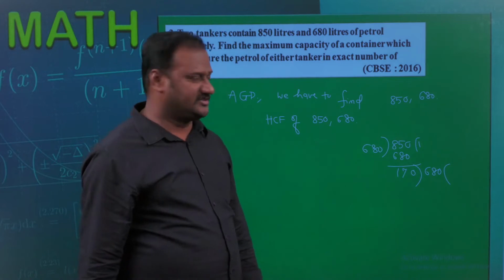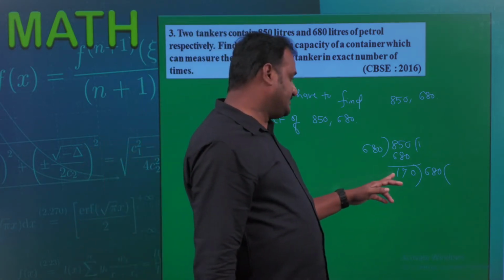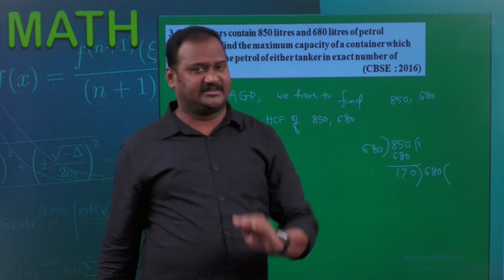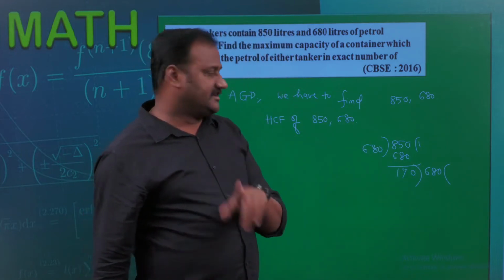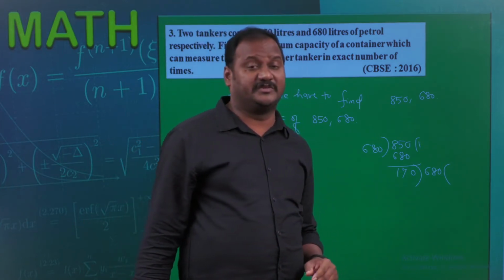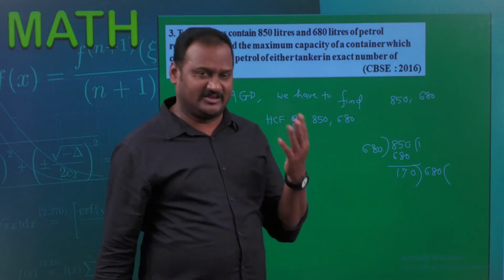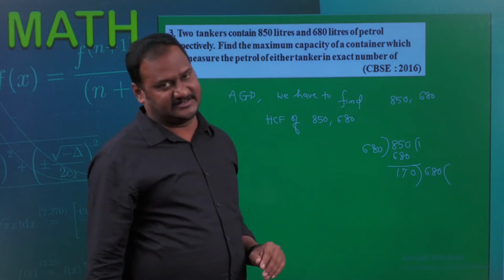How many number of times? Suppose if you go by 6 times, for example. 6 sevens are 42, which means 400 again. So 600 plus 400 is equal to 1000. So it is not possible by 6.